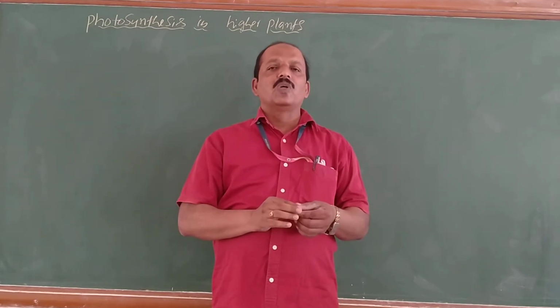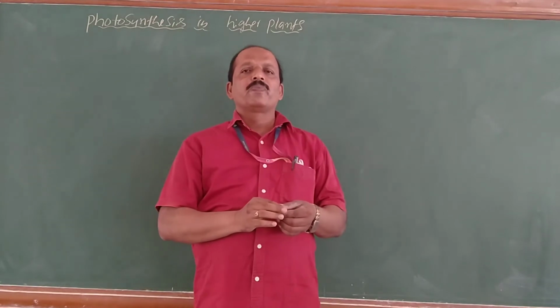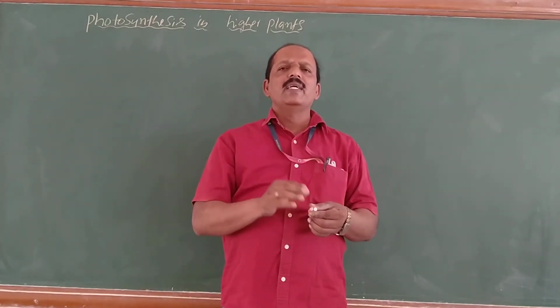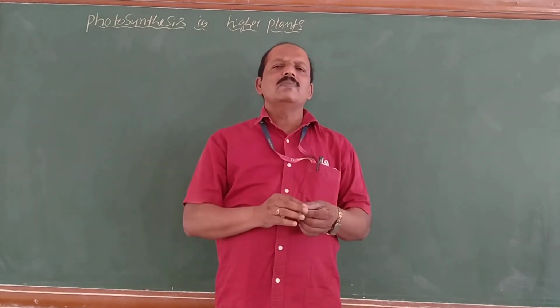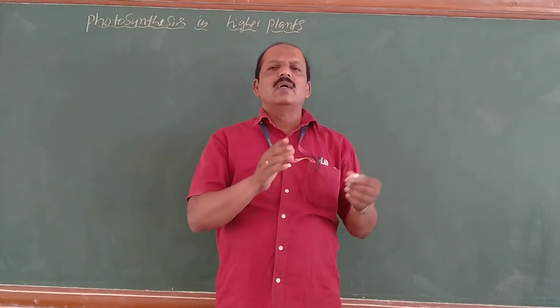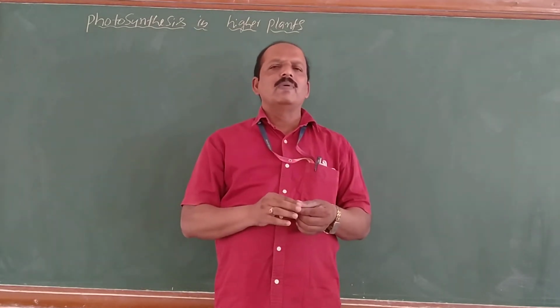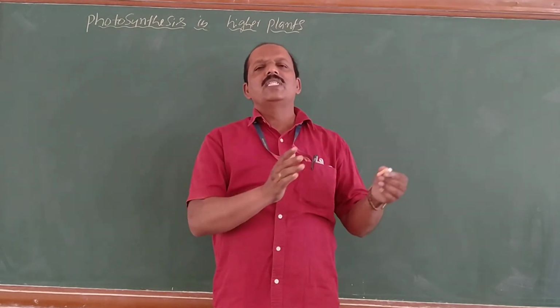In metabolism, anabolic activity is concerned with the plant kingdom, and catabolism with the animal groups. One is photosynthesis, which is anabolic, and the other is the digestive system, which is catabolic.